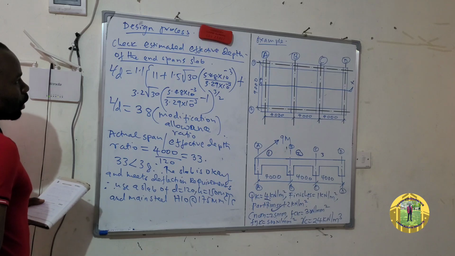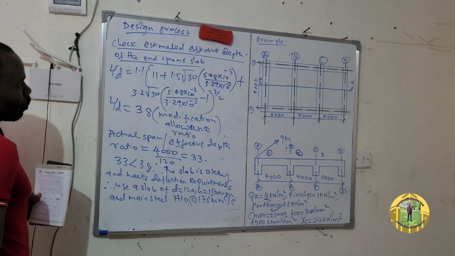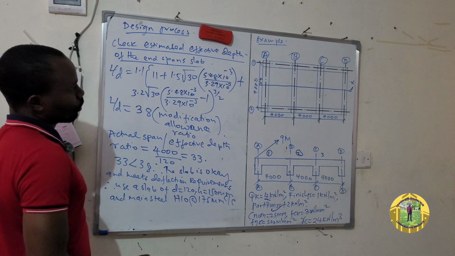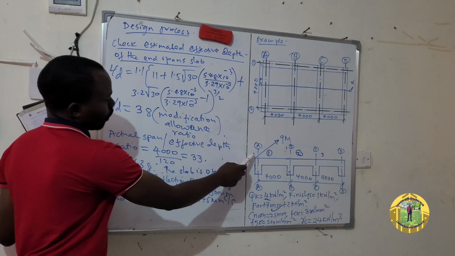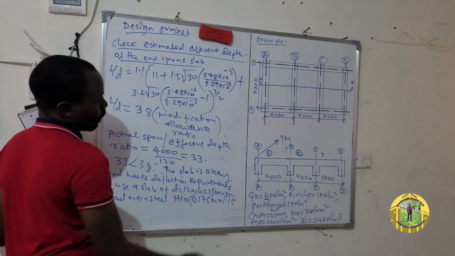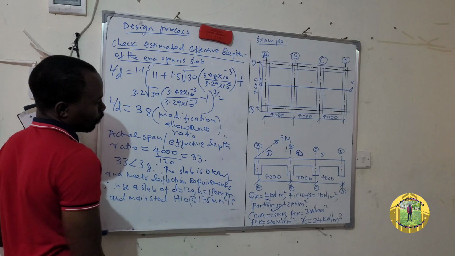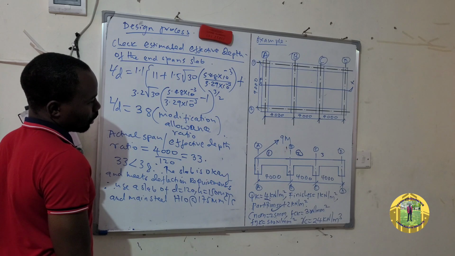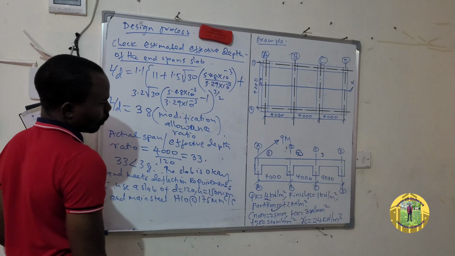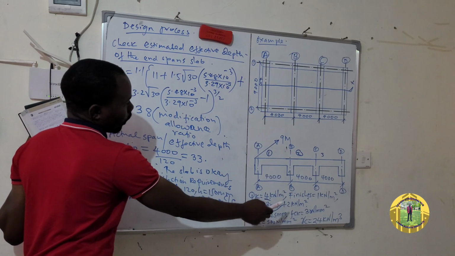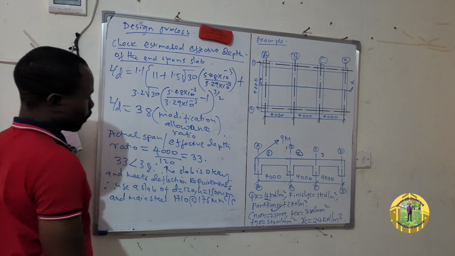So we have already finished the design of the end span, which is span AA, BB, span DD, CC, and also the penultimate supports, which is support BB and CC.